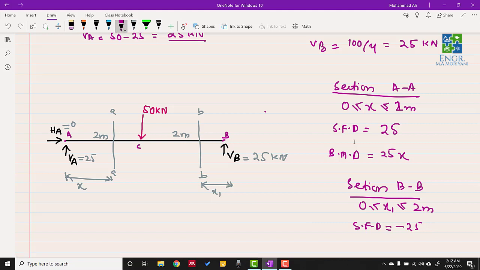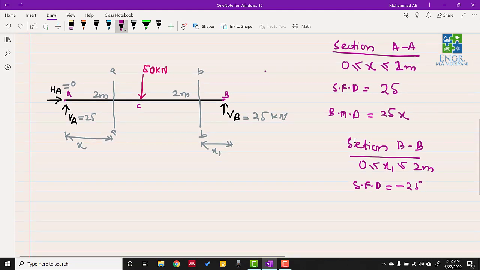Similarly, for the equation for the bending moment diagram, we have to calculate how much moment is being generated by all the forces to the left or right of that particular section.